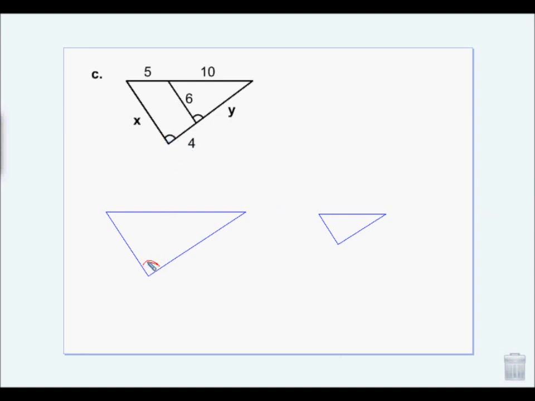This is the bottom angle here, same bottom angle. So when I label this, this is x. This top part is 15. This side here is, no, I have a y and a 4. I don't know what y equals, so it's just 4 plus y.